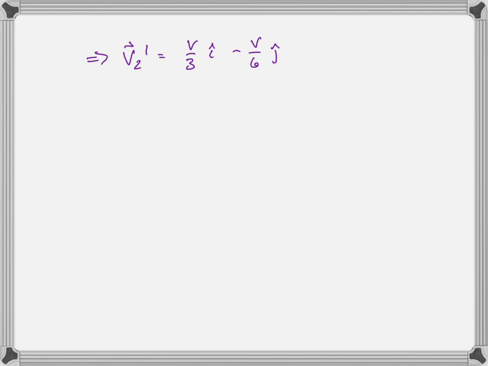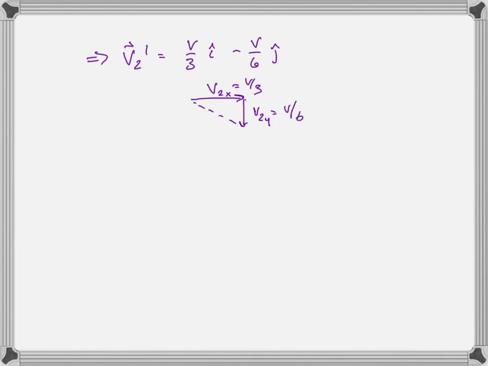And so the angle, right, we don't know the magnitude of the velocity, but we can certainly figure out the angle, because v2 has an x component, v2x, which is v over 3, and a y component, v2y, which is v over 6.